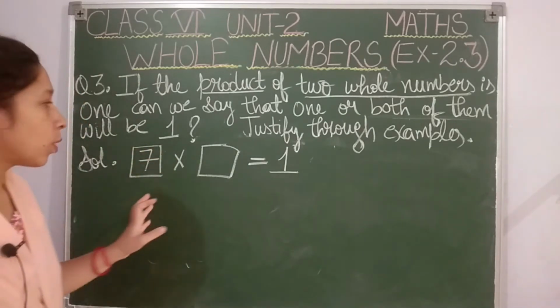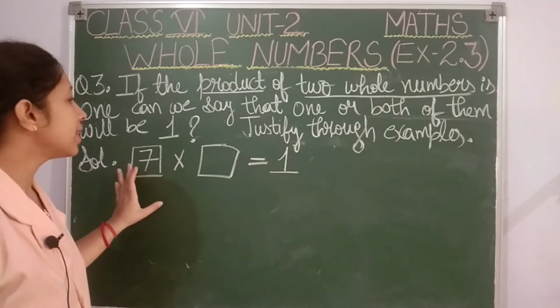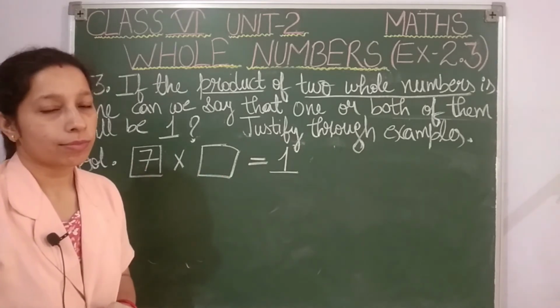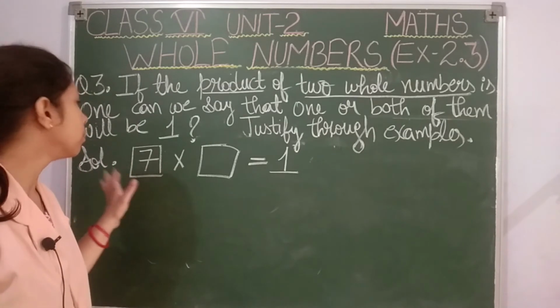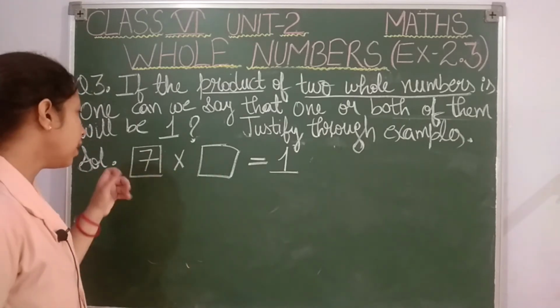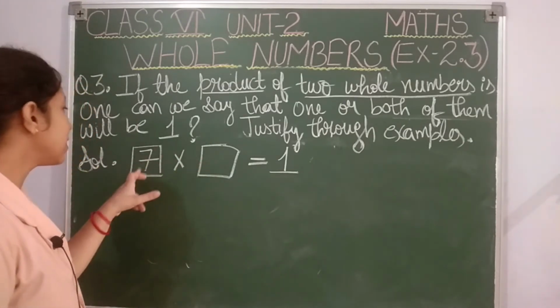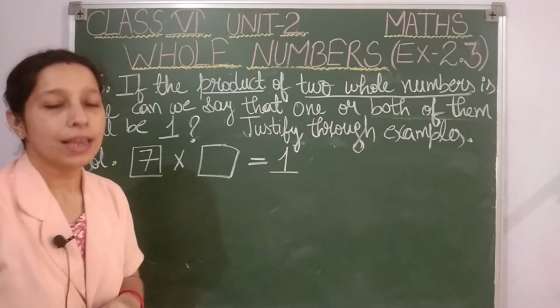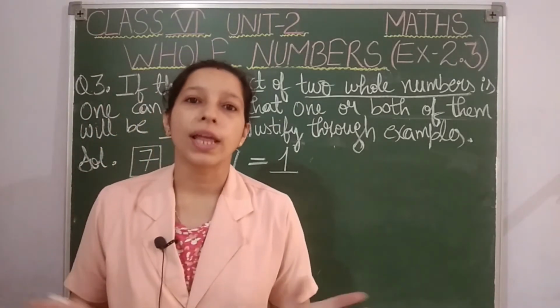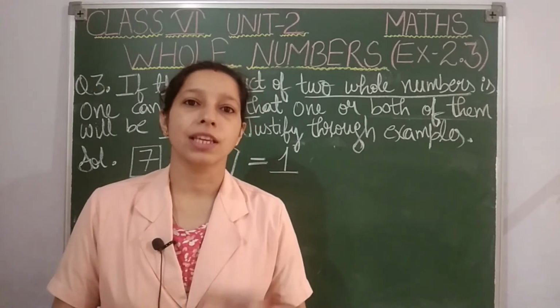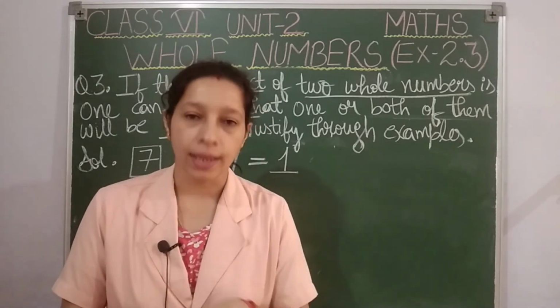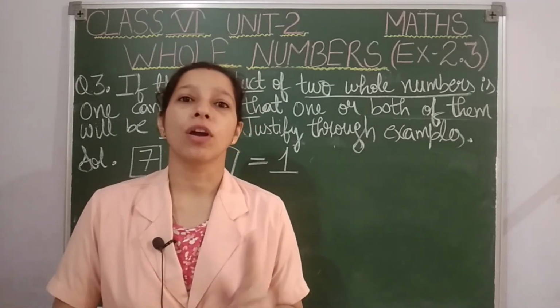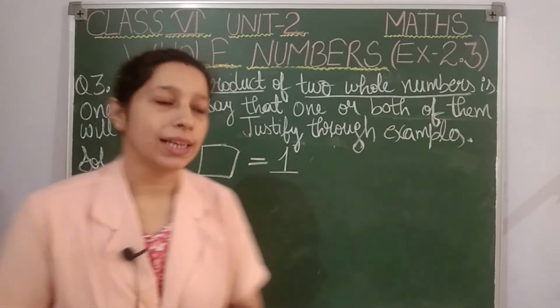Now you only tell, students, which number I shall multiply with 7 to get 1? Is it possible? No, we know that it is impossible. That means if you want the product as 1, then both the whole numbers that you are going to take will be 1 only. Clear now, students?